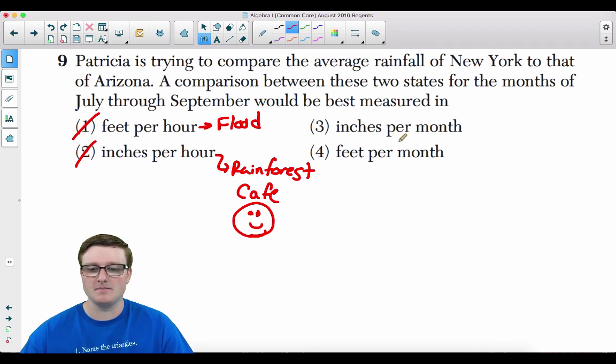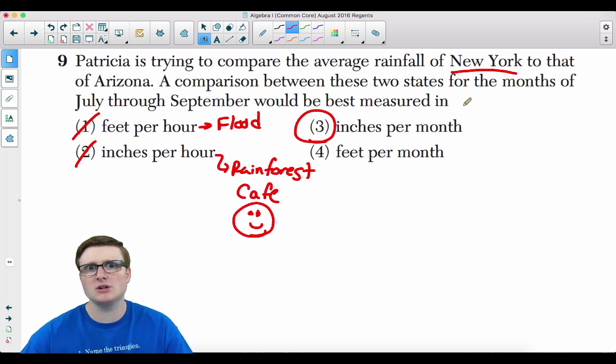Okay. Inches per month. Yeah, inches per month. Because in New York, it does rain a few inches per month. It could rain between 2 and maybe a maximum of, it can't exceed more than 30 inches. I don't know how much rainfall we get here, but maybe it's average to get like 6, 7, 8 inches of rainfall in New York where I live, on Long Island.